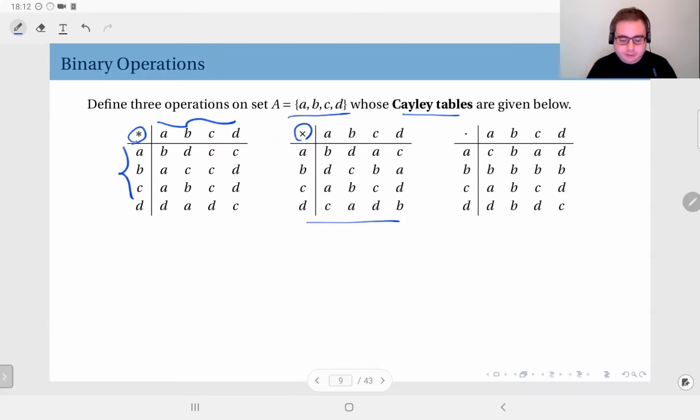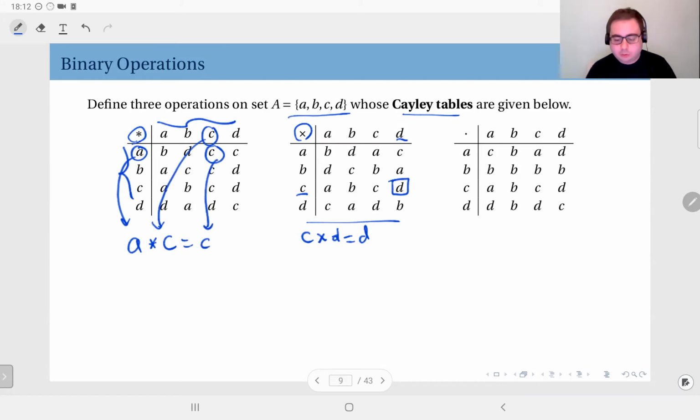For instance, C times D. So C is here, the first one, and D is here. So it gives you a D. Or if you look at here, A star with C. This is the first one, this is the second one, and this is the result. Makes C. Or for instance, this one, D dot with C. This is the first one, this is the second one.